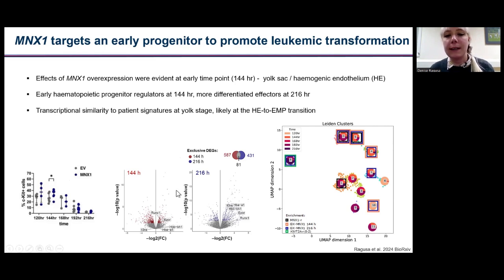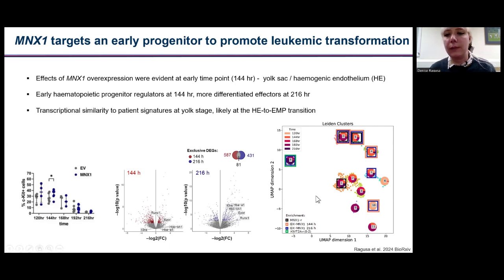And if we look at RNA sequencing between the 144-hour and 216-hour MNX1 overexpressing cells, we see a lot more early hematopoietic regulators being upregulated at 144 hours rather than later on.